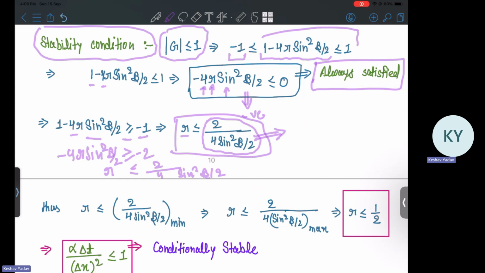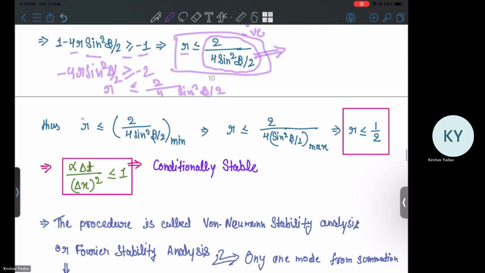So if this condition is satisfied for the minimum RHS, the others will already be satisfied. The RHS is minimum when sine square beta by 2 is maximum, and sine square beta by 2 is maximum when it is equal to 1. So you simply put 1 here, and that leads to r less than or equal to 1 by 2.